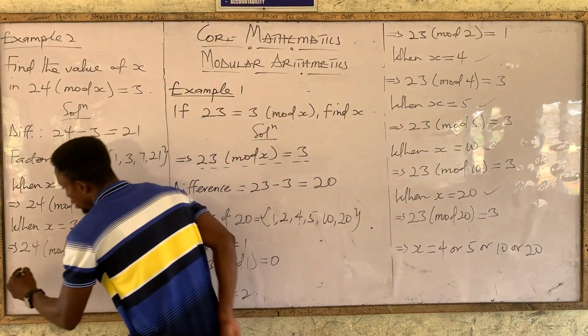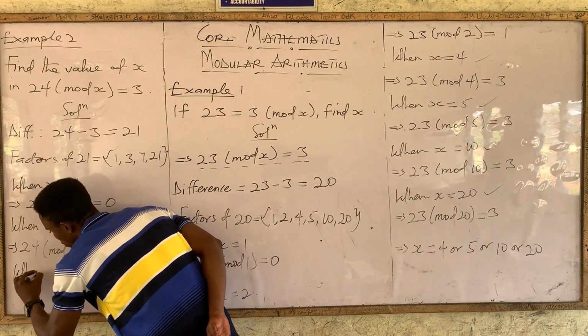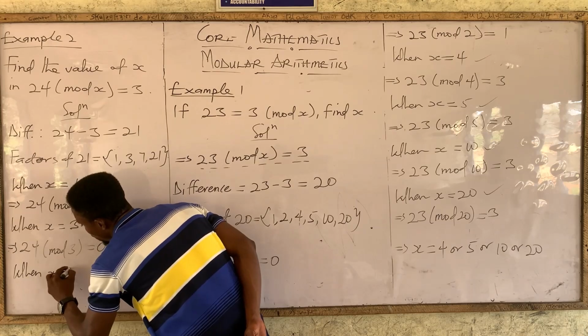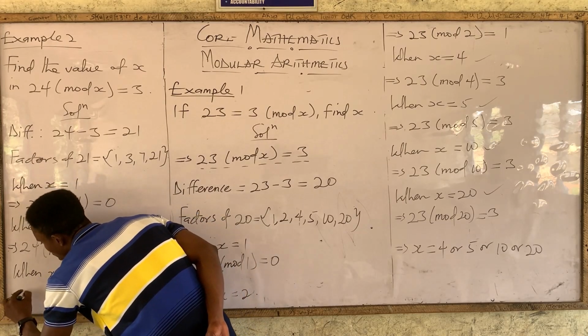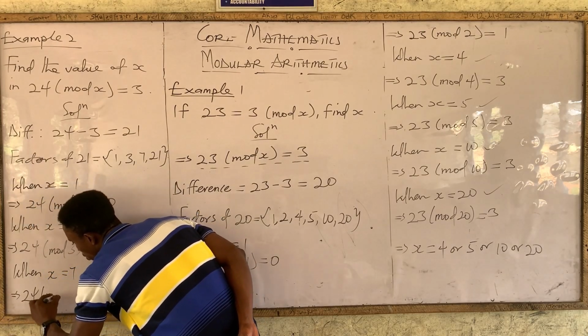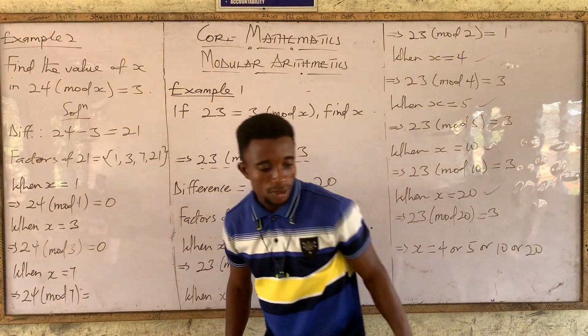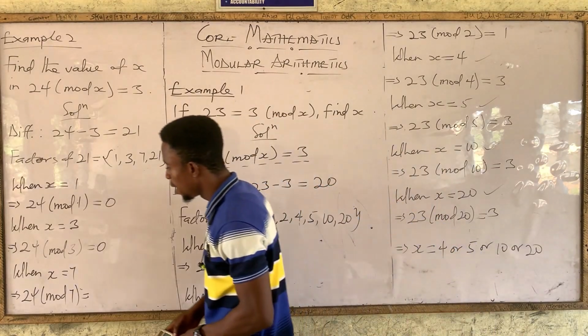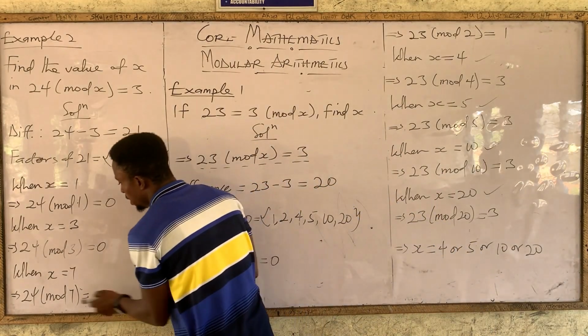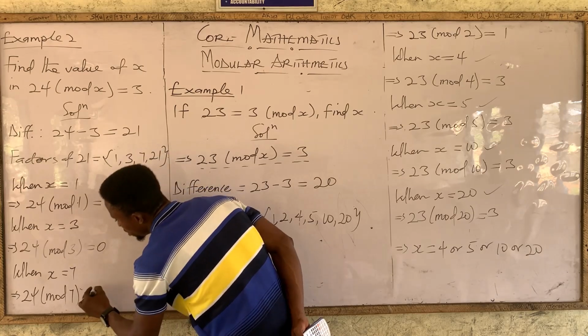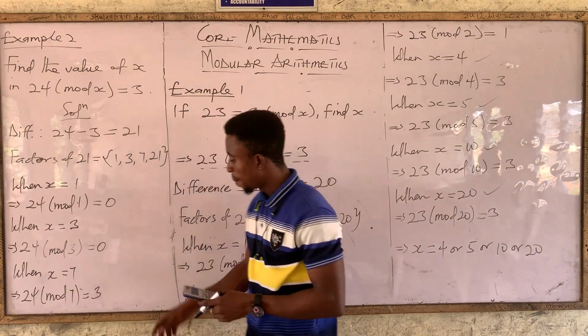So 0. Then when X is equal to 7, this implies that I have 24 mod 7, and it's equal to 3, because 7 times 3 is 21, so there will be a remainder of 3. Okay, so that is that.